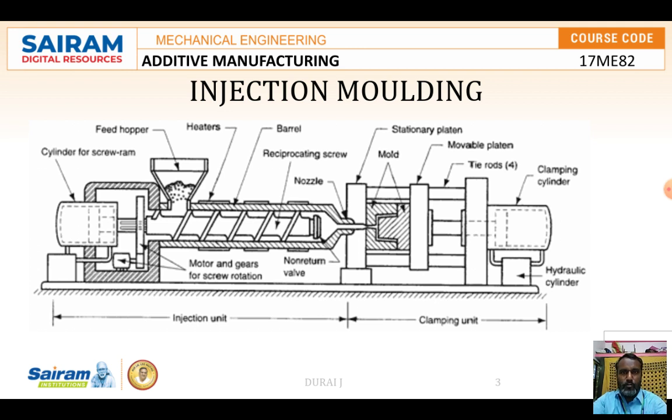In injection molding, a quantity of molten thermoplastic material is injected under pressure into a relatively cold mold, where it solidifies to the shape of the mold.